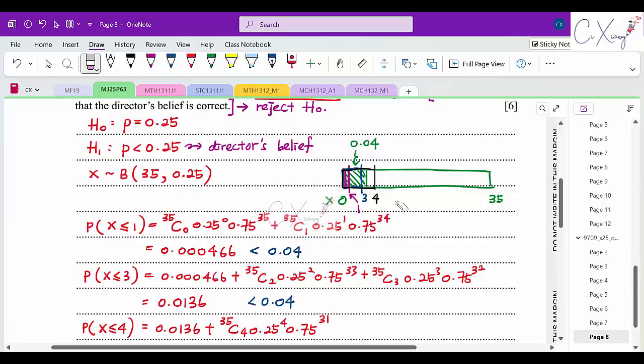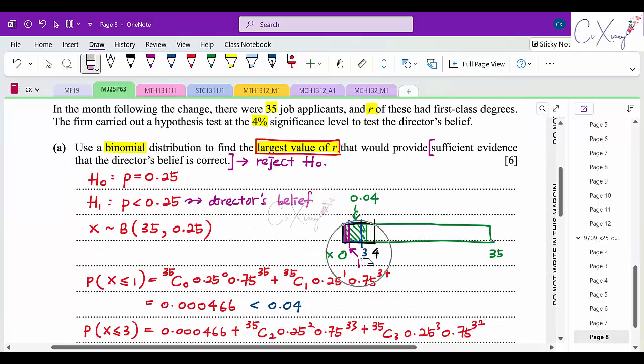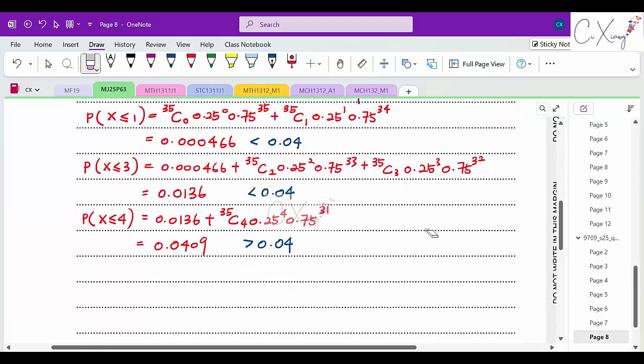Then we revise the question one more time. What are they asking for? They're asking for the largest value of R so that you can reject the null hypothesis. What's the largest value of R that is under the rejection region? You can see that 3 is the largest value of R under the rejection region. Therefore, you can just tell them that R is equal to 3.